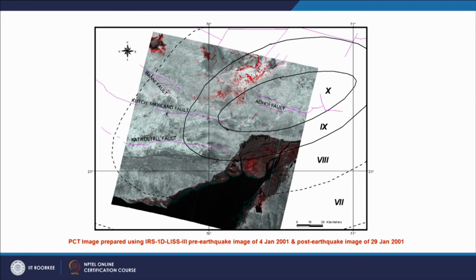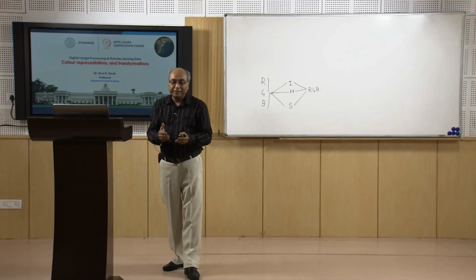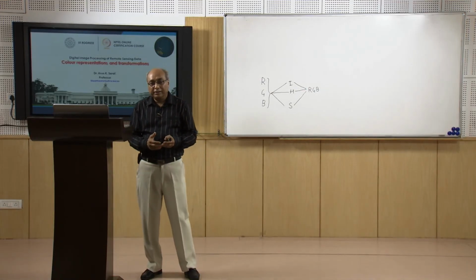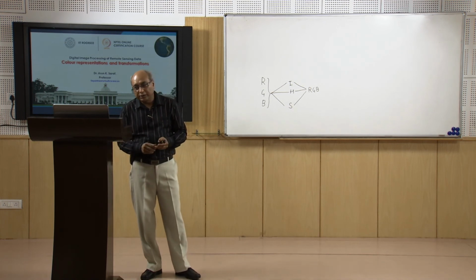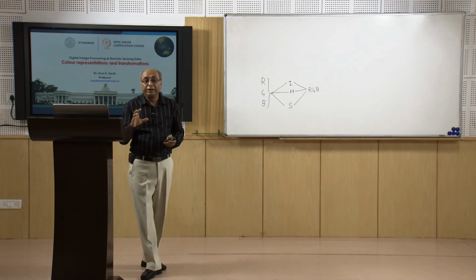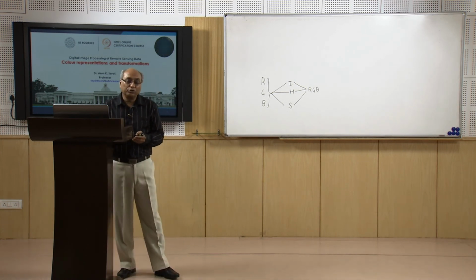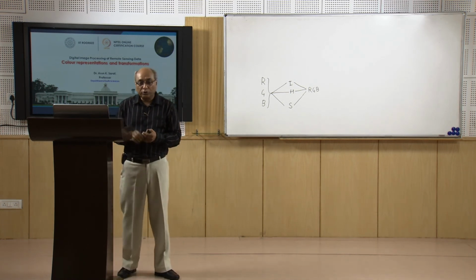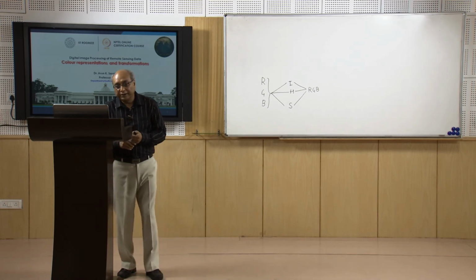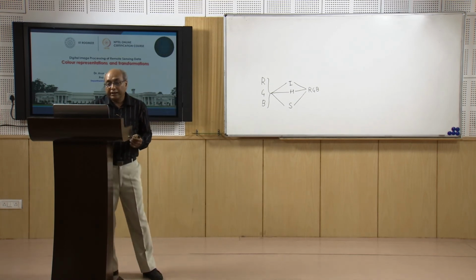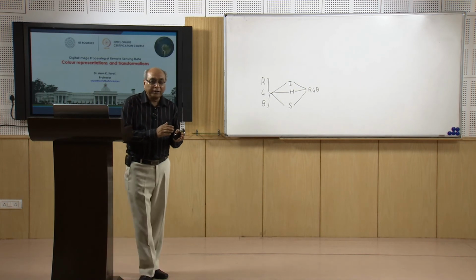So we exploited the infrared channel the same way as in the case of the pan in the Chamoli earthquake, but here, instead of landslides, our focus was on liquefaction, which is another co-seismic phenomenon which occurs during an earthquake event.